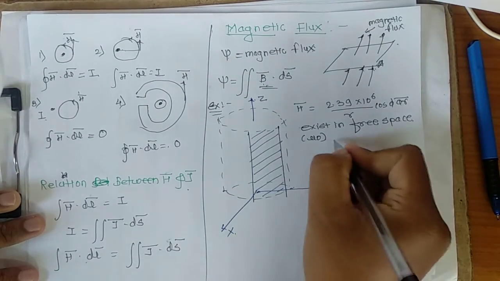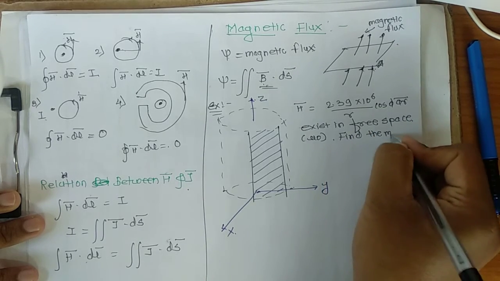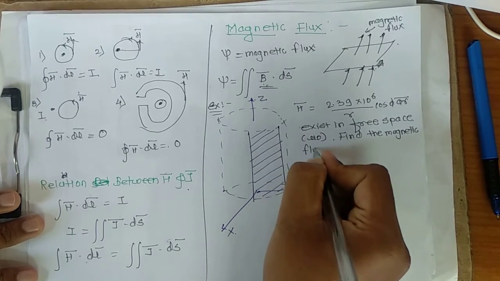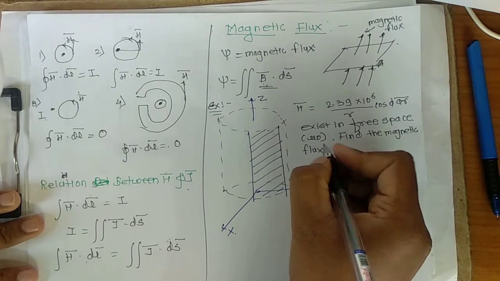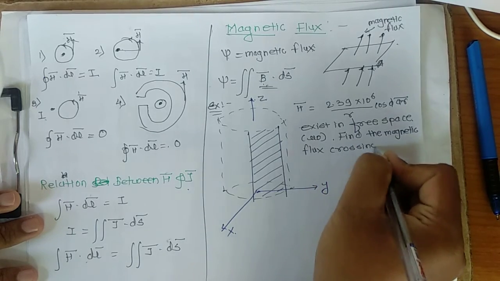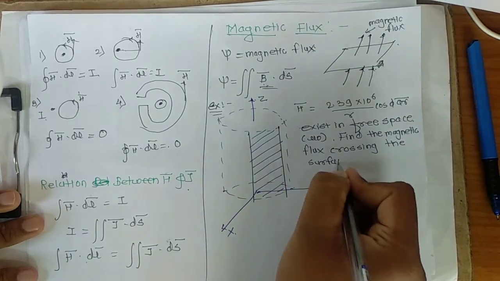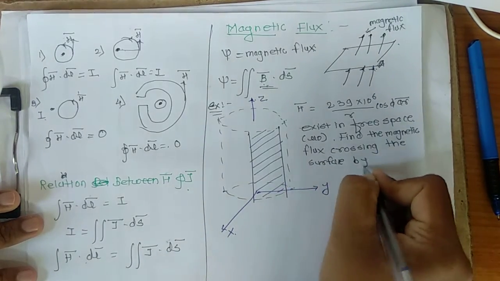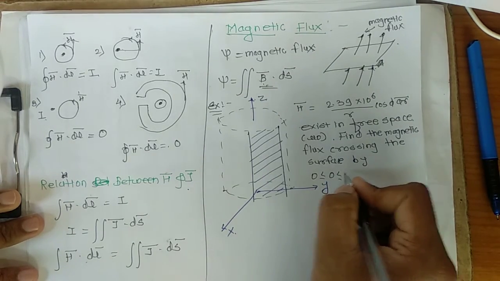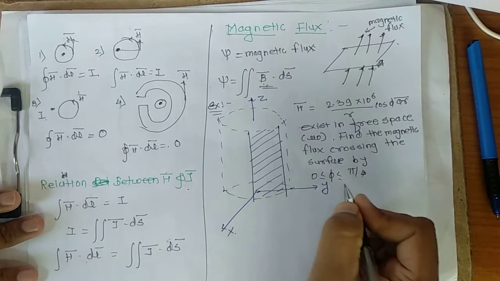Find the magnetic flux crossing the surface defined by phi from 0 to pi by 4. So phi has the coordinate 0 to pi by 4.